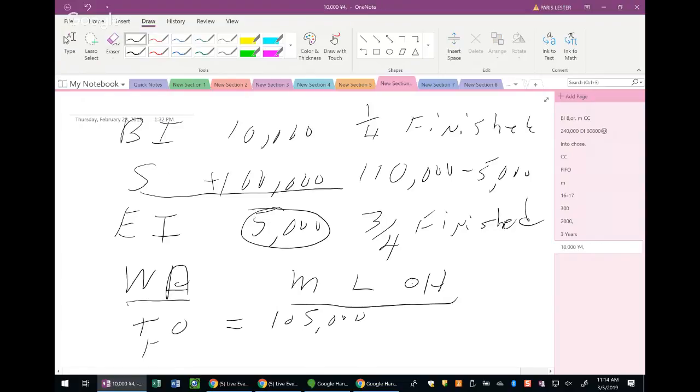And then ending inventory, we finished those 60% or 3/4. That's 75%. What's 75% of 5,000? Is it 3,750?